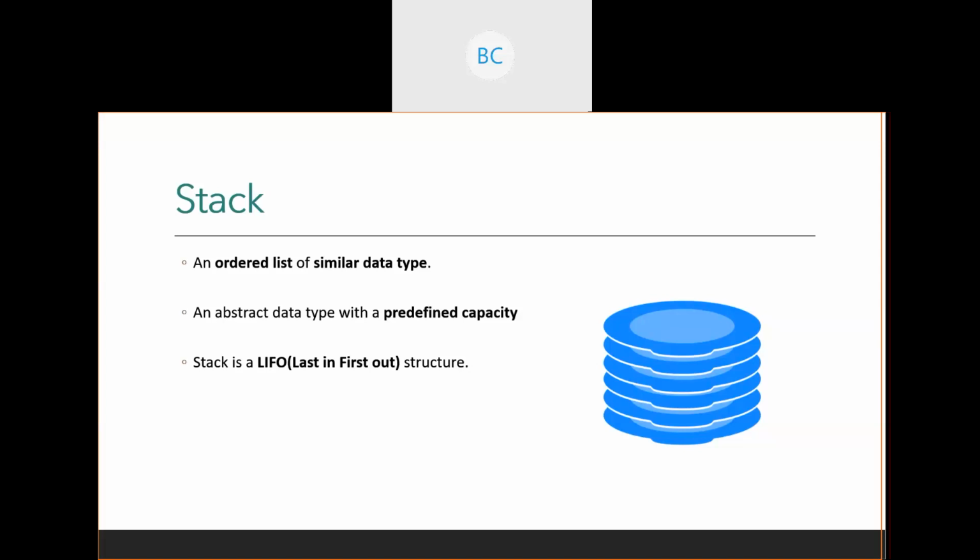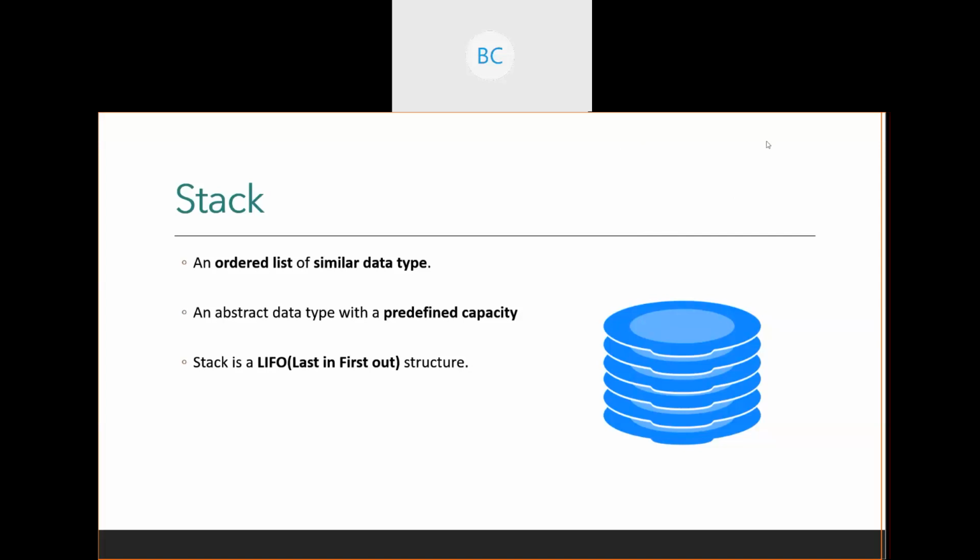Okay, so I guess enough examples. Okay, ticket counter line. That is also a very good example, but the thing is, ticket counter line is not a stack, that is a queue.